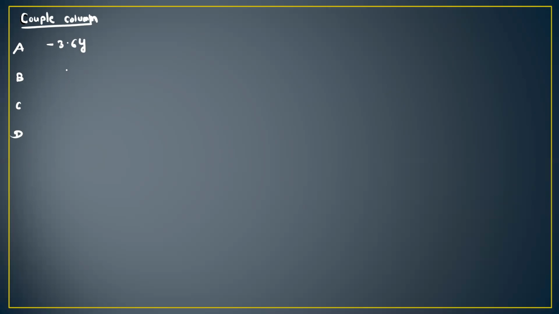Then for the mass B, this is 0. Then mass C is 1.8, and mass D, it is 6 into x. Okay.